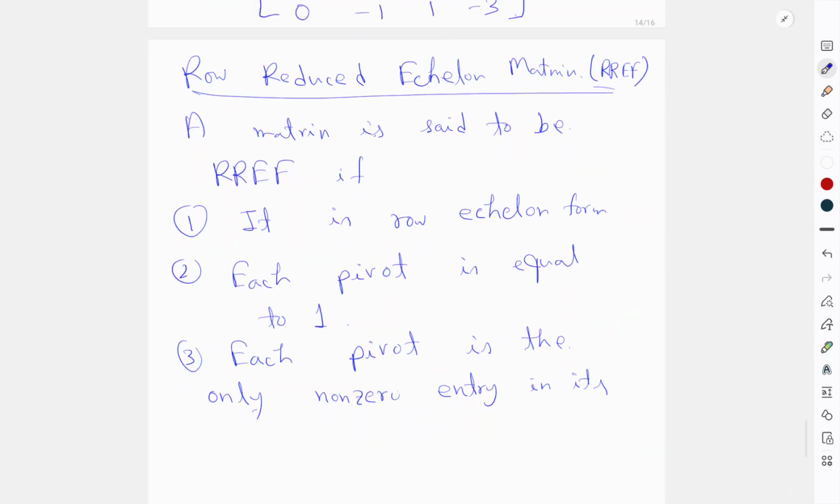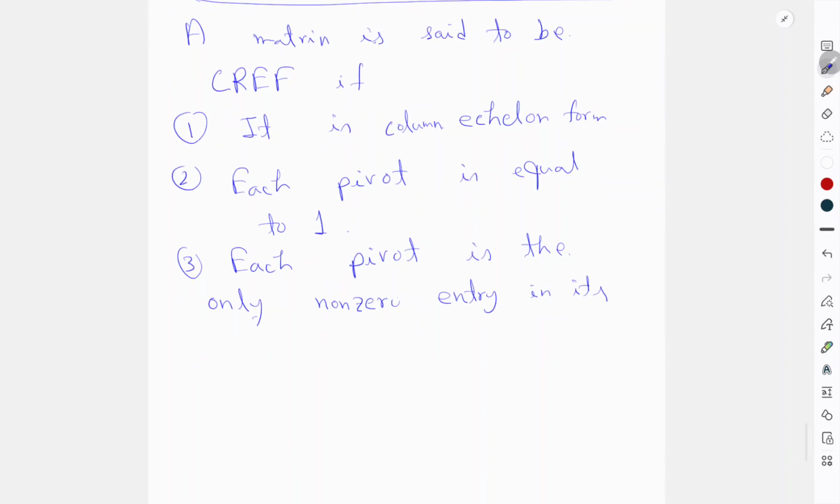Okay, so a matrix is said to be column equivalent or CREF if it is in column echelon form, and each pivot is one.